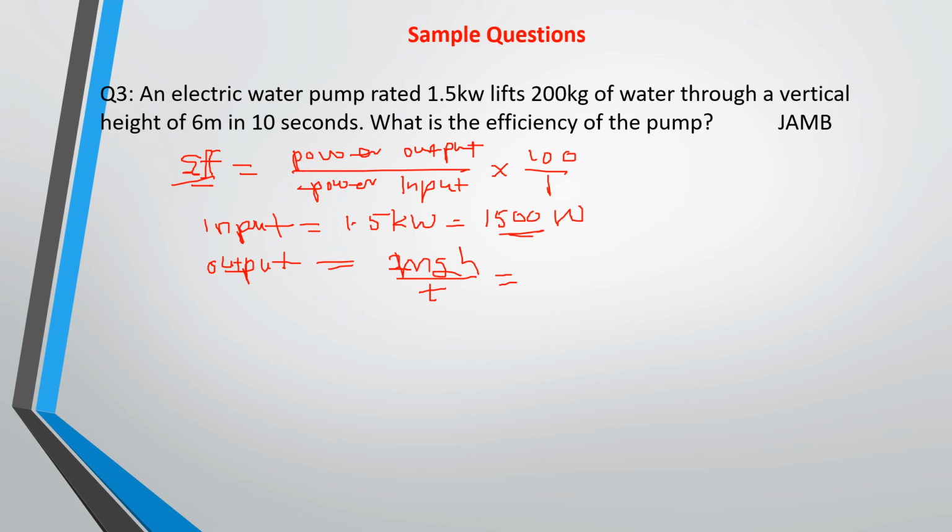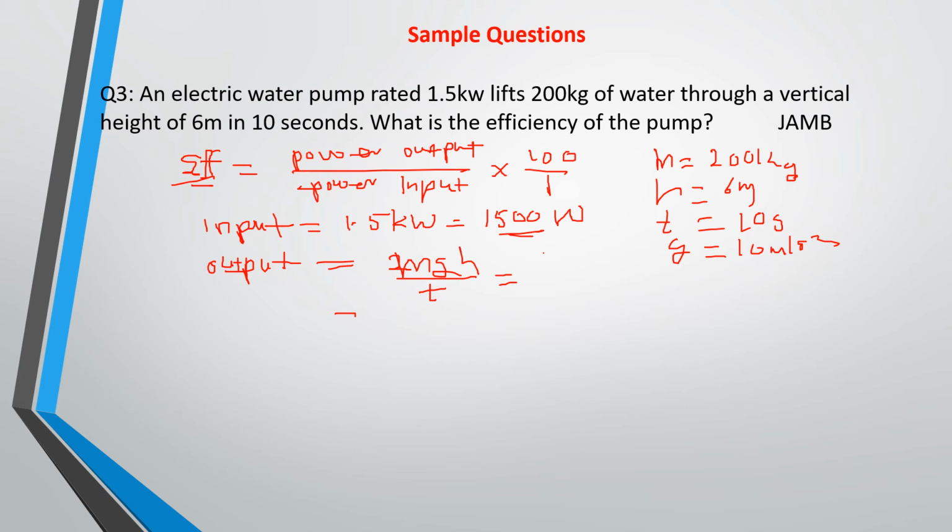So that gives you the mass of water equal to 20 kg. The height is given to us to be 60 meters, and the time is equal to 10 seconds. g is known to you to be 10 meters per second squared.